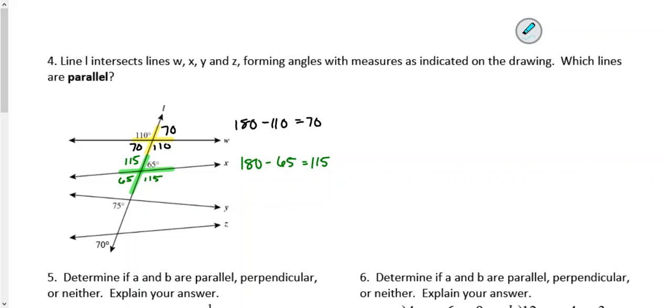Then in the next section, I have 75, which means across from that is also 75. To find the missing angle, we're going to take 180, subtract what we know, which gives us 105. And across from that is also 105.